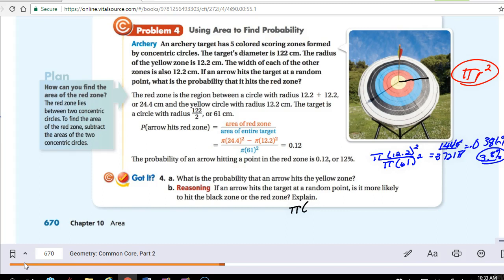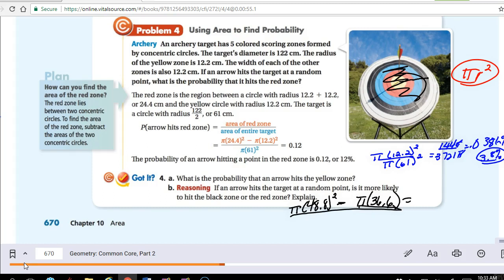So times 4, and that ends up being 48.8, and you're going to square that. But you've got to subtract out everything else that's inside here, which would be pi times 36.6, because again, it only went out 3 spaces. So you're subtracting the blue, the red, and the yellow area, and this is the area of the black if the black were completely filled in.